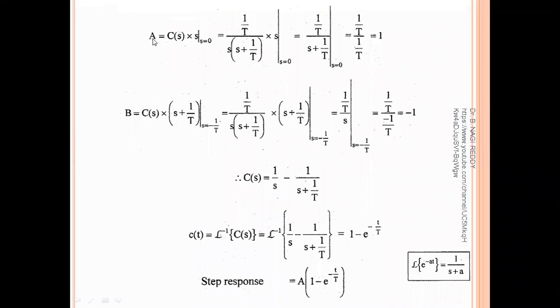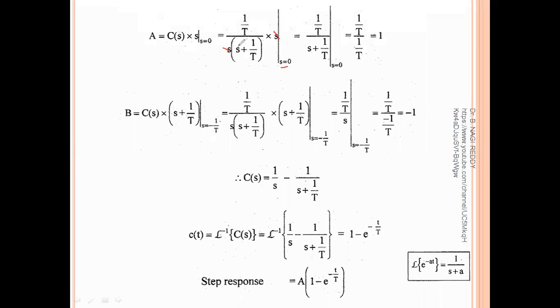Now for calculating a, multiply s to the C of s term, and you can see here s is there, and this s gets cancelled with the numerator. Only we are having 1 by s plus 1 by t. That means s is equal to 0.